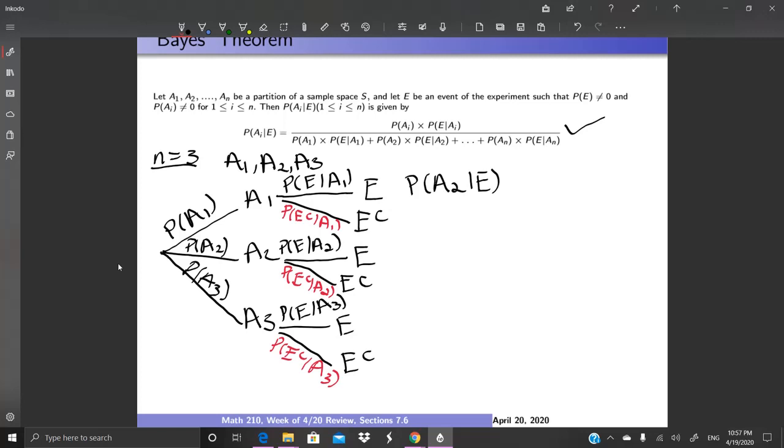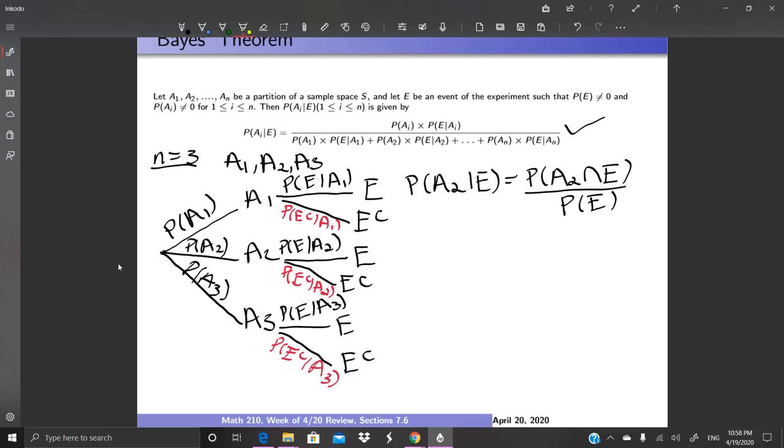So remember again from 7.5, we know that this is equal to the probability of A2 intersect E divided by the probability of E, right? So you set it up that way. And then it's just a matter of chasing these branches, so to speak. So if you want to find the probability of A2 intersect E, so you're trying to find the probability of A2 and E, what you do is you go along this branch.